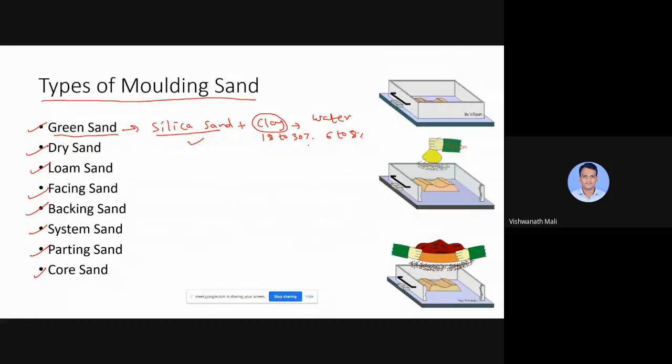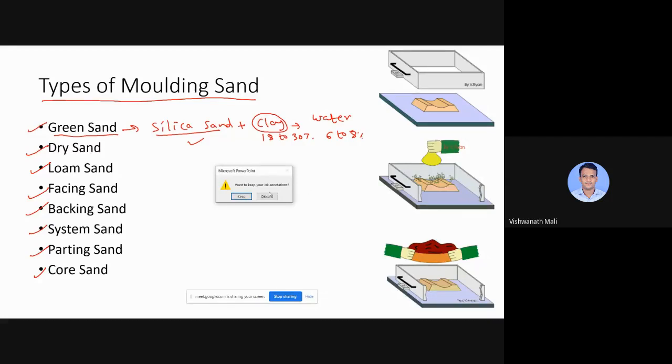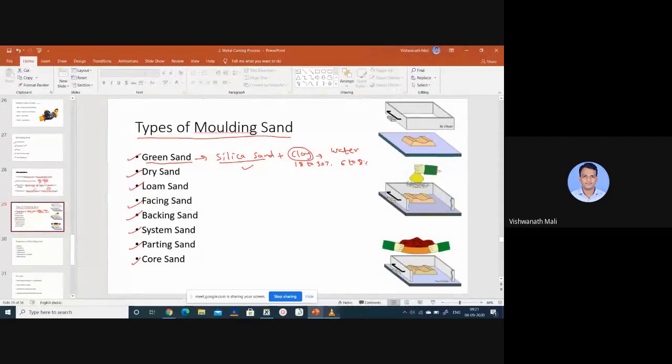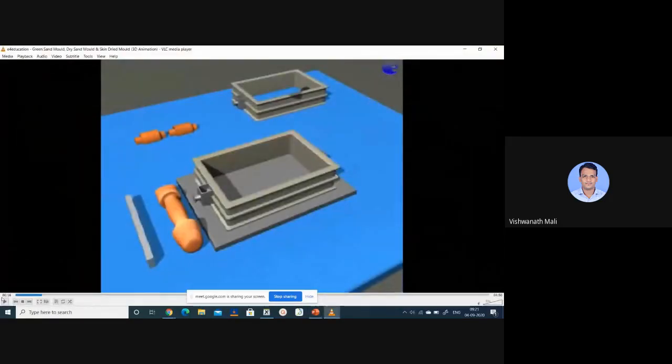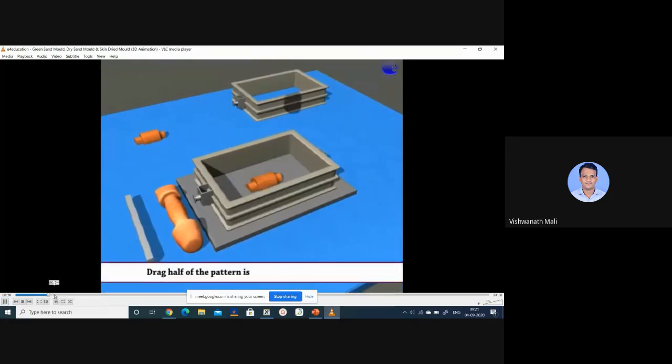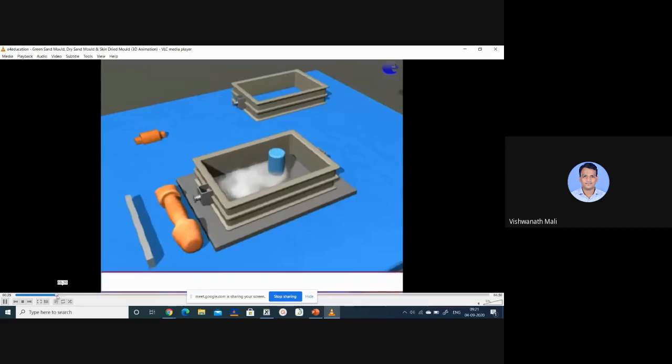I will just show you a video. This video we have seen already. Here you can see we are pouring the white sand. That is called facing sand.